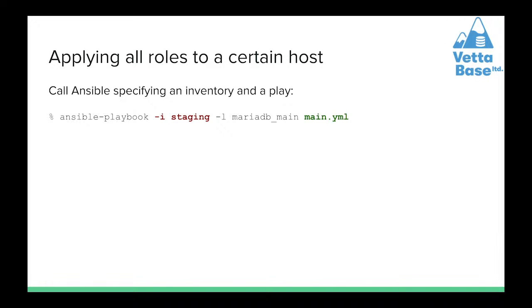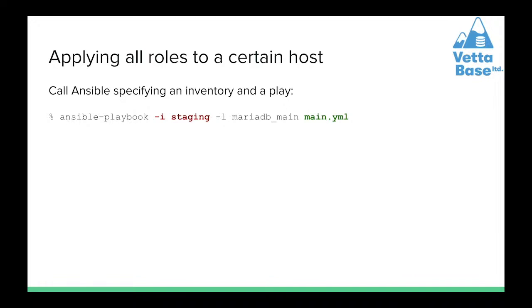Here you can see an example of how to apply the roles. So we call ansible-playbook, which is the tool used to apply playbooks and roles. We specify the inventory to use, staging. We specify the server, the hosts or the groups we want to deploy to.